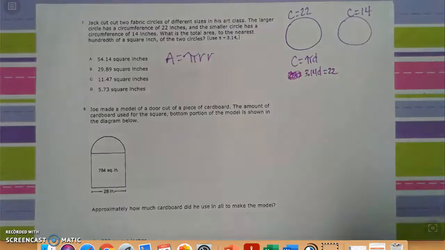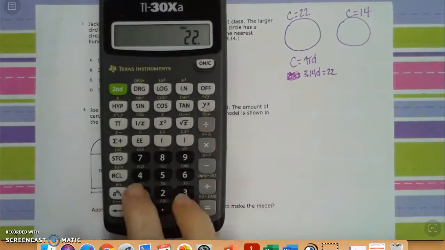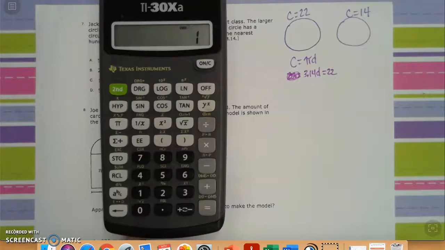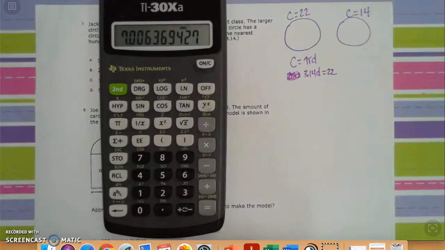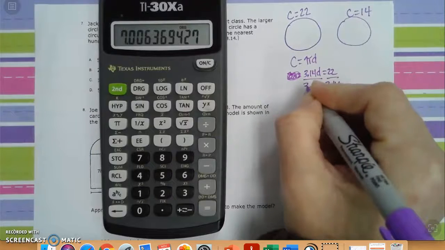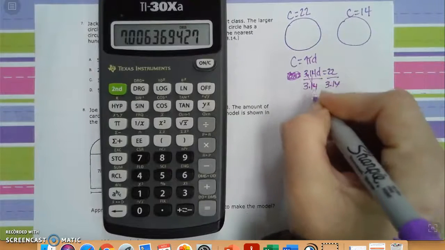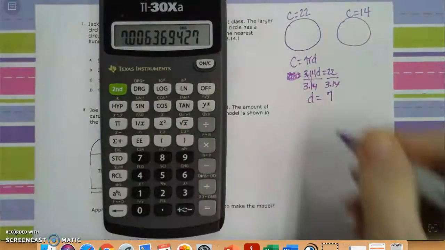Now remember, to me that looks a little backwards, so I'm going to put my 22 over here. So then all I've got to do is 22 divided by 3.14. I divide by 3.14 because that's what's with my d. I'm going to put 7 just to round it to make it easier.